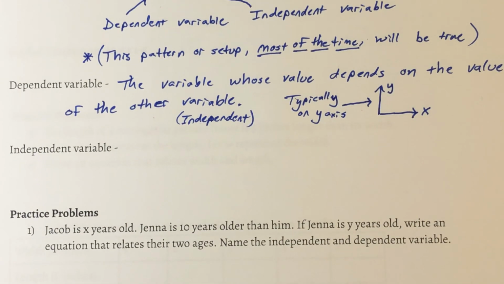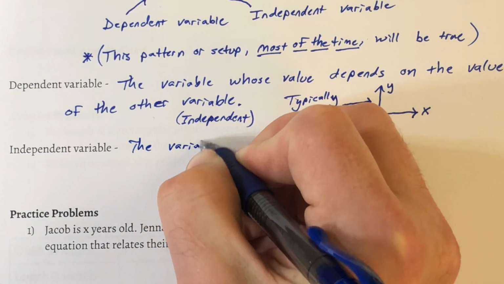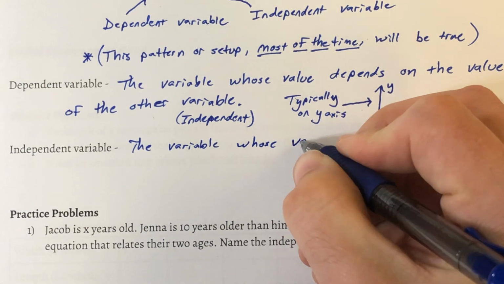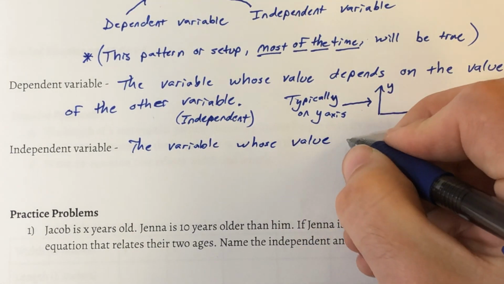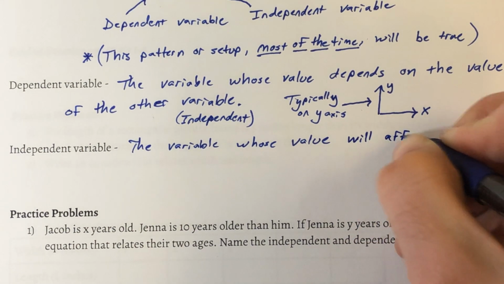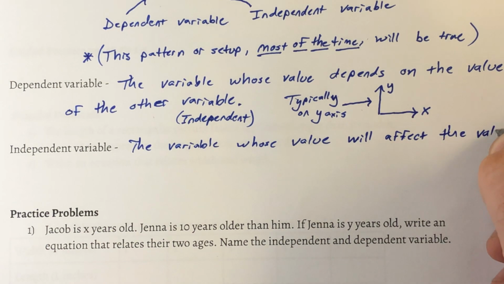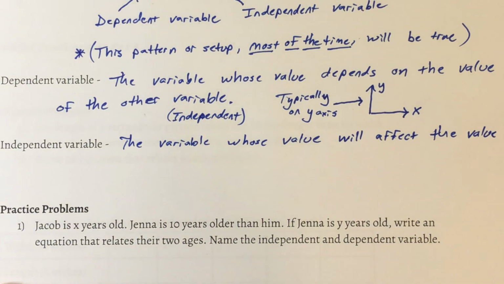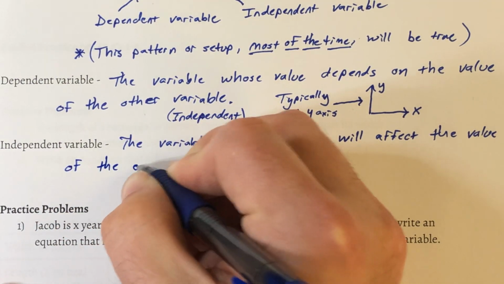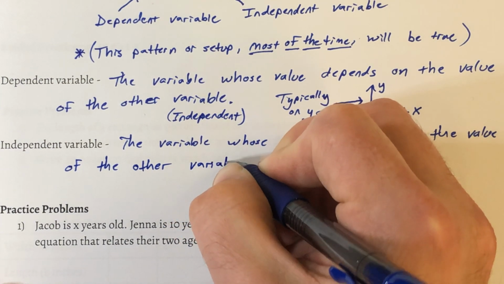All right, our next one, independent variable. This is the variable whose value will affect the value of the other variable. The other variable being the dependent.